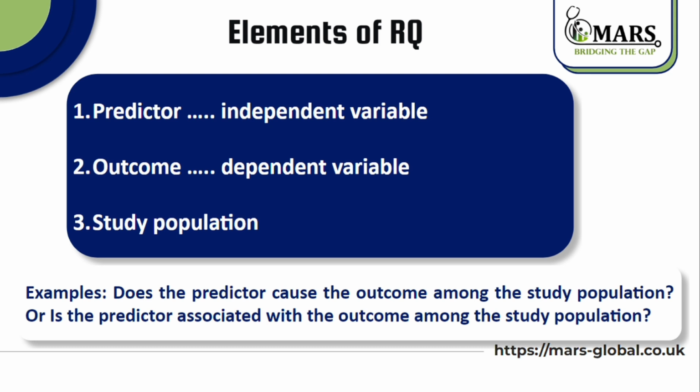Among a certain population, or a certain group of subjects or animals. Or we can say, is the predictor associated with the outcome among the study population? So this one is a base, a basic structure for establishing a research question.